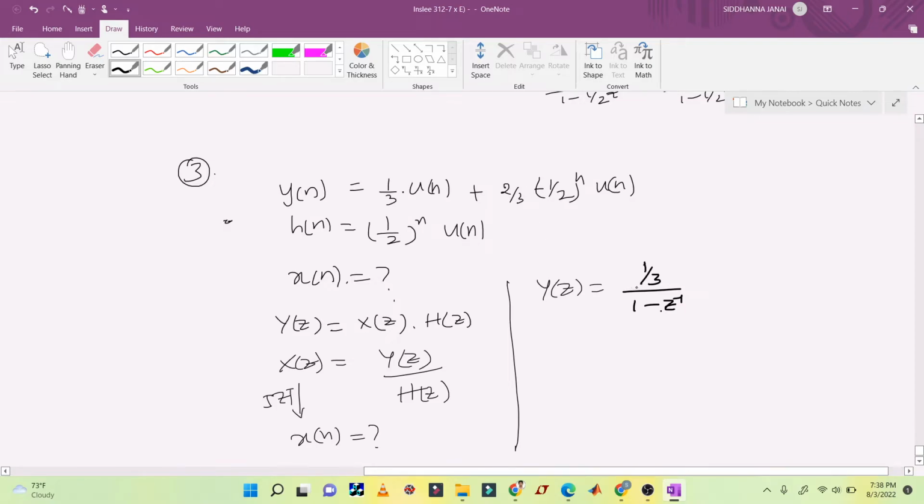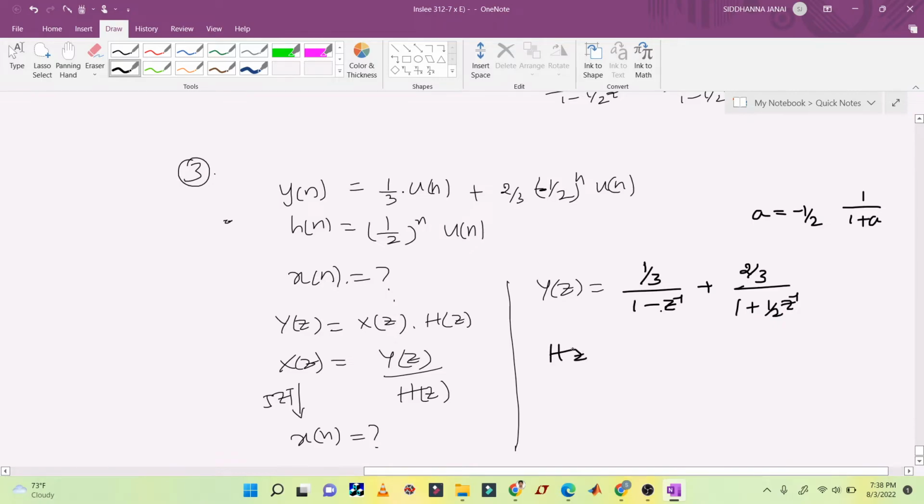And plus 2 by 3, here it is minus 1 by 2, so a is equal to minus 1 by 2. That's why 1 divided by 1 minus a z inverse, this is the pattern, correct? So here it becomes plus 1 by 2 z inverse. That's why 1 divided by 1 plus 1 by 2 z inverse. This is our y of z.